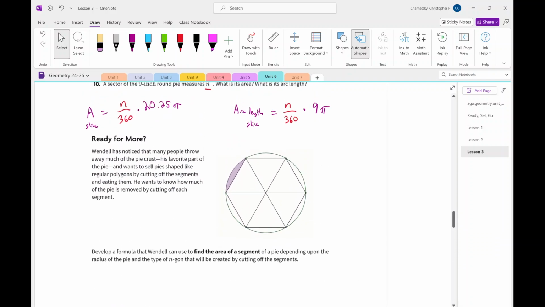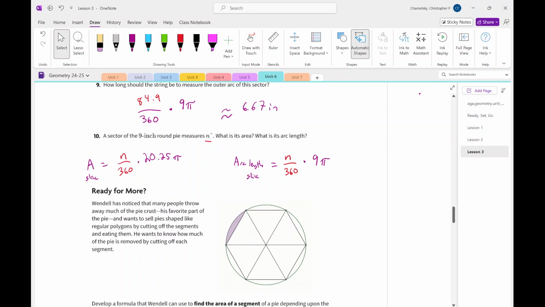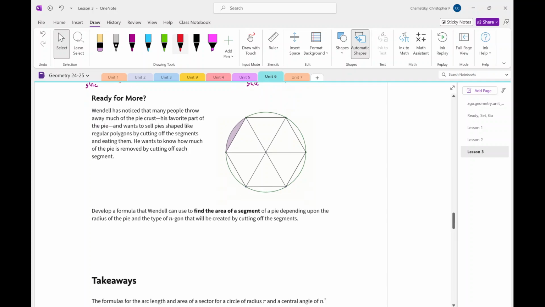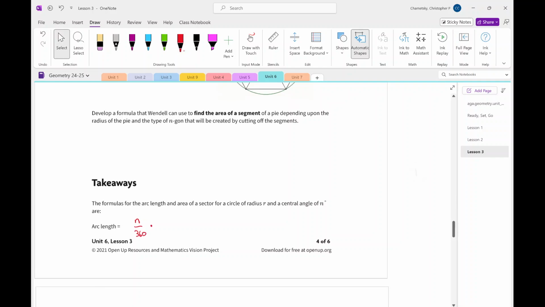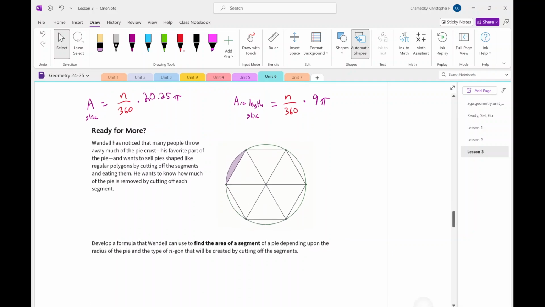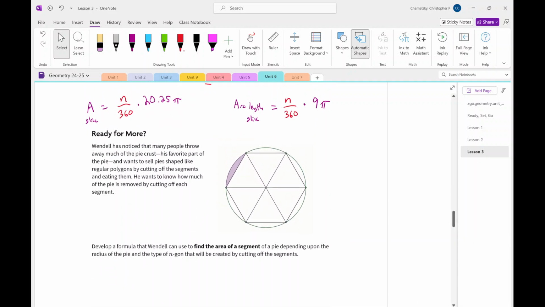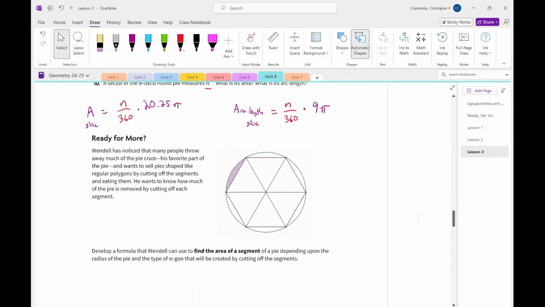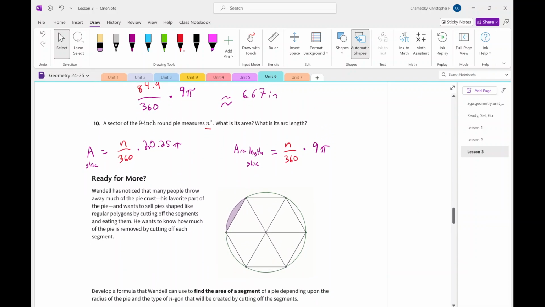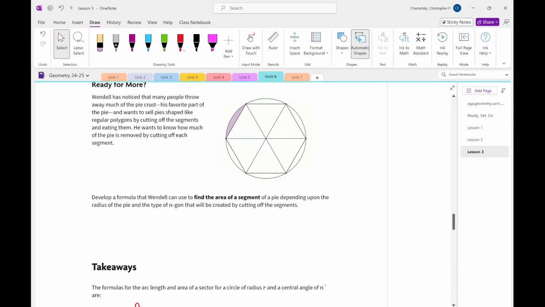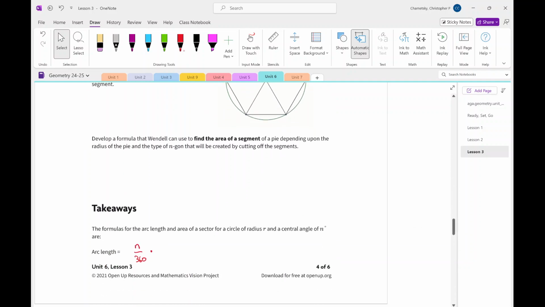So arc length, we still need to have that general n over 360. But instead of multiplying it times 9 pi, that was very specific to the 9-inch pie, so we want to make it more general.